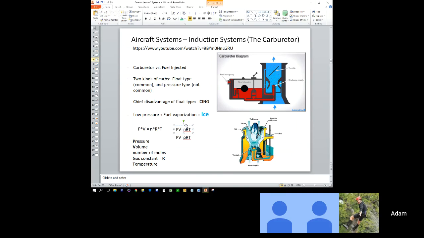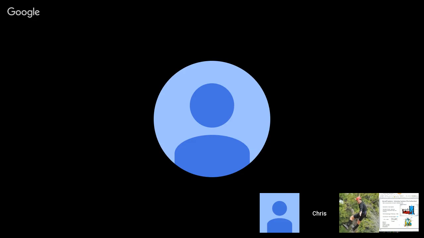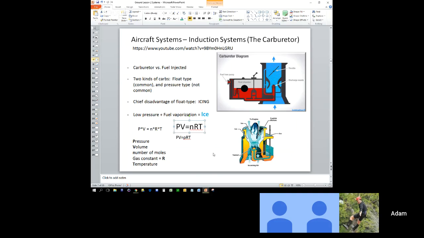For our engineering types, for our scientists, does anybody recognize that equation at all? If anybody has had any science schooling, you'll know that this is what's called the ideal gas equation.